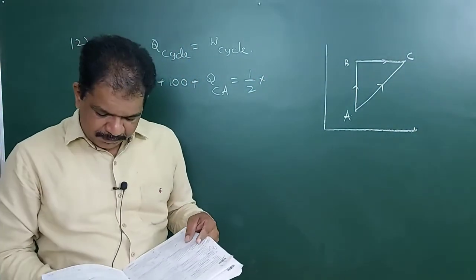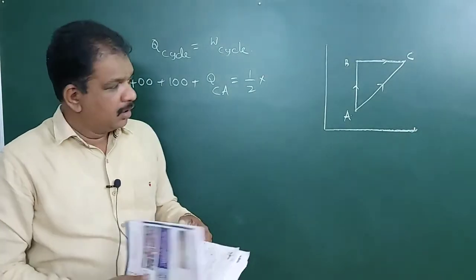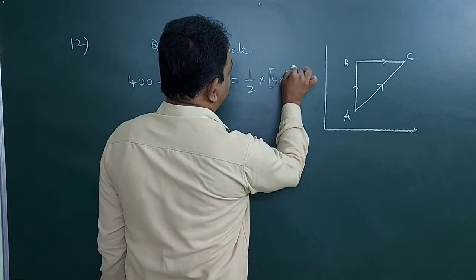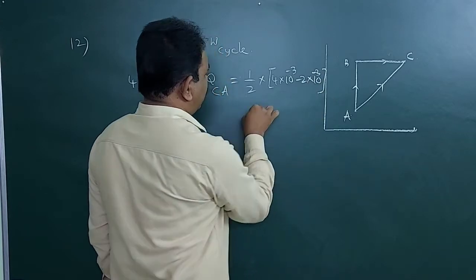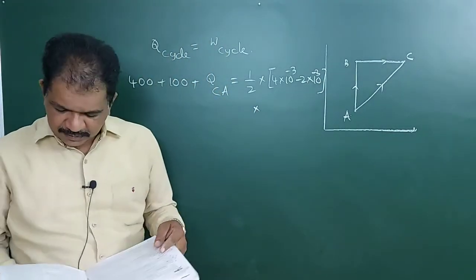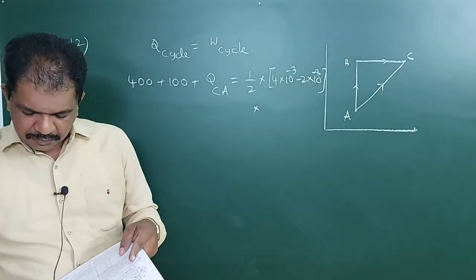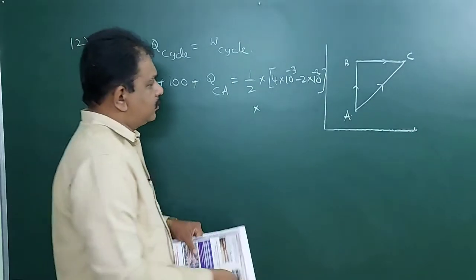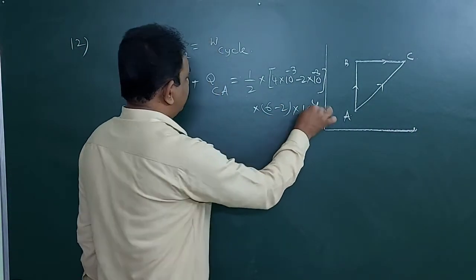Here base value 4 into 10 power minus 3, minus 2 into 10 power minus 3, and this value 6, 2 they given. So 6 minus 2 into 10 power 4.